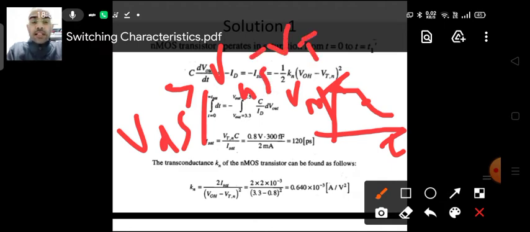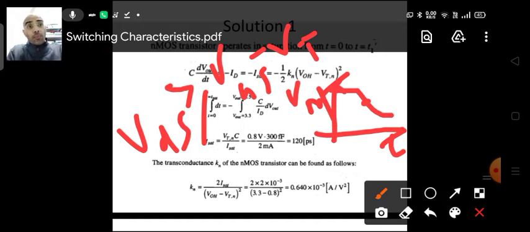If your VDS and VGS are equal, this condition will always be true, that VDS will always be greater than your VGS minus VT. VGS is 3.3, so if you subtract 0.8 volts, which we got as the threshold voltage, from 3.3 volts, and VDS is initially 3.3 volts, the condition will be that the transistor works in the saturation region.